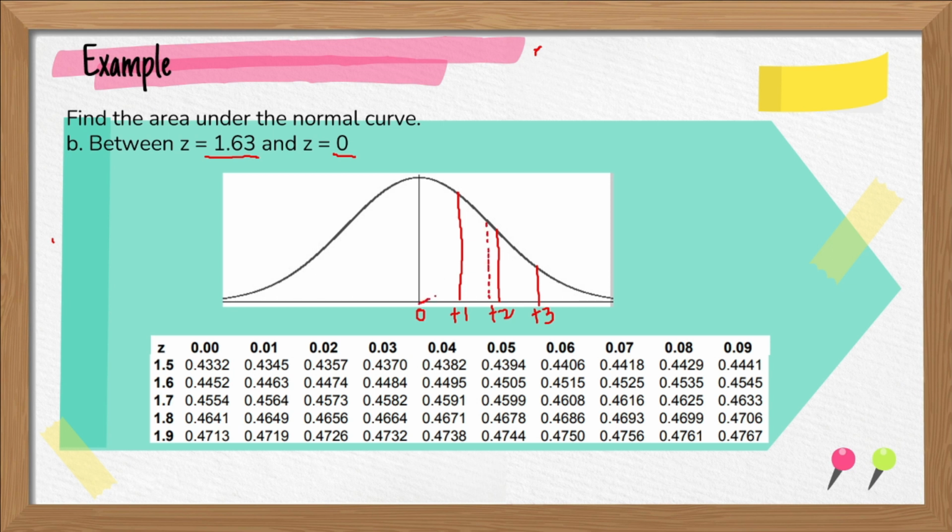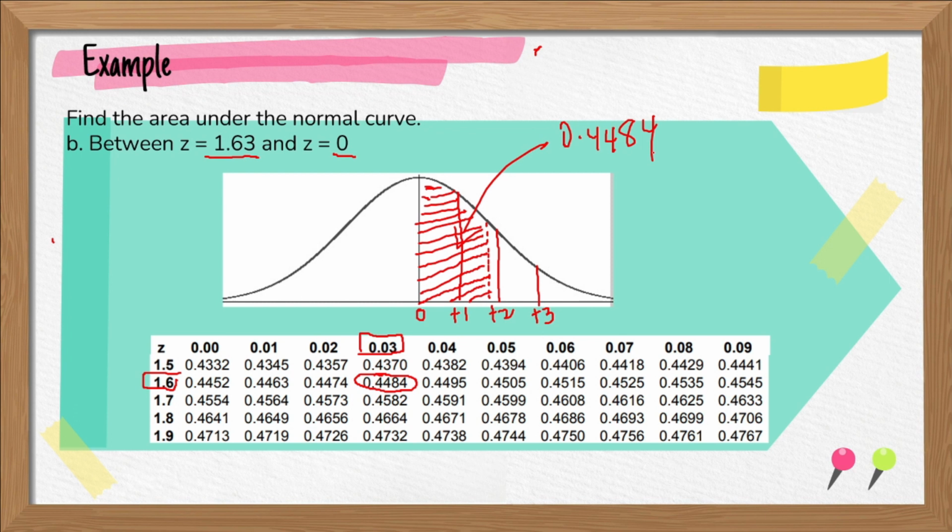So, we need to find the area of this shaded part. So, 1.6 and 0.03. Okay, so that makes up 1.63. So, yung katapat nila, 0.4484. That will be the area of this shaded part.